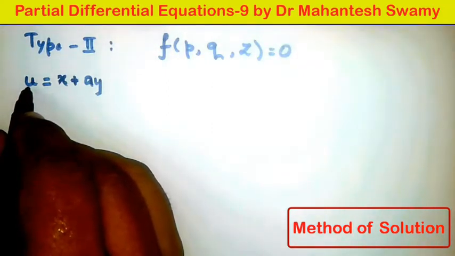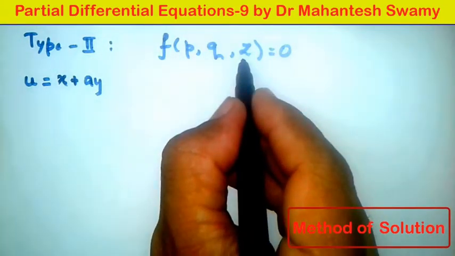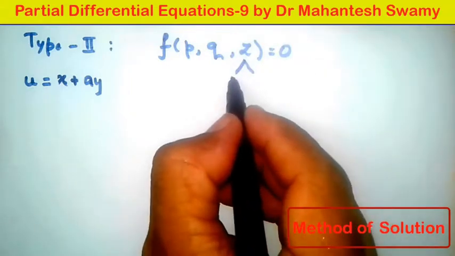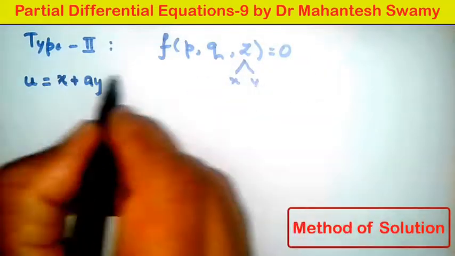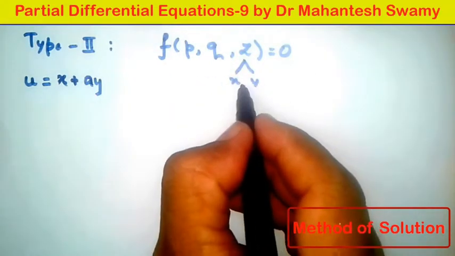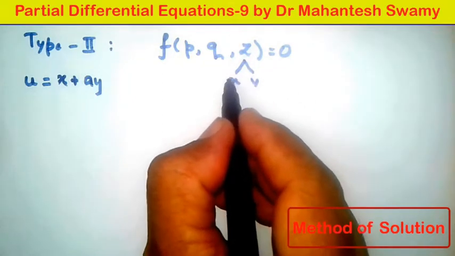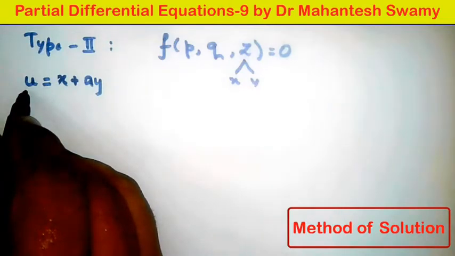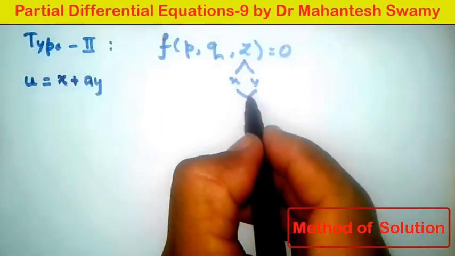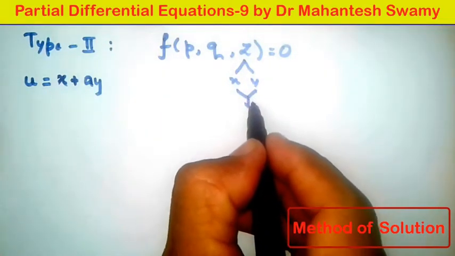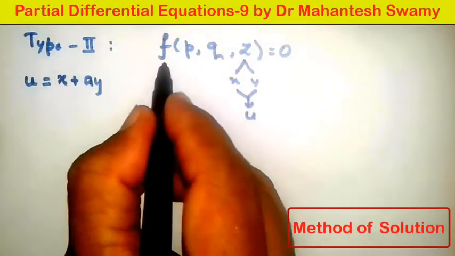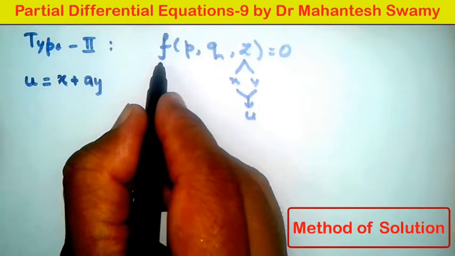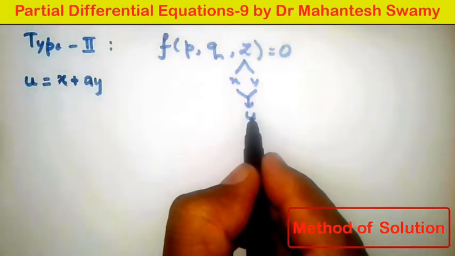So now our intention here is to reduce the number of independent variables. We know that z is a function of x and y, and through this relation we are going to convert these two independent variables into a single independent variable u. So our intention is to have a differential equation reduced to the form in which only one independent variable appears.